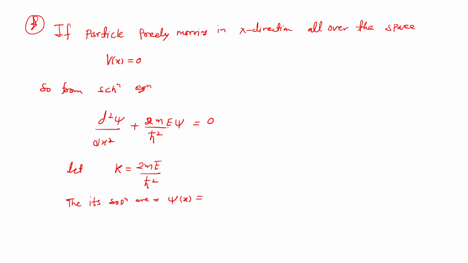Psi x will be, from this equation you can get a exponential of iota kx plus b exponential of minus iota kx in a free space.